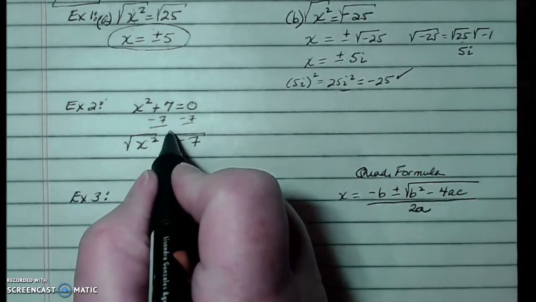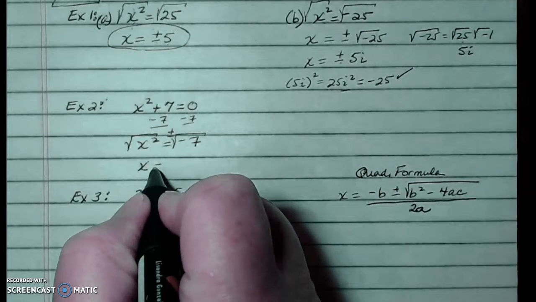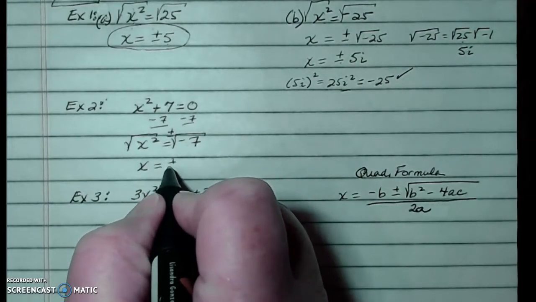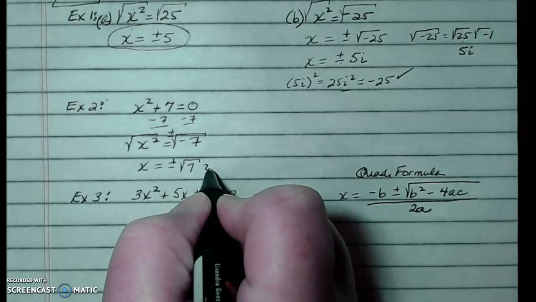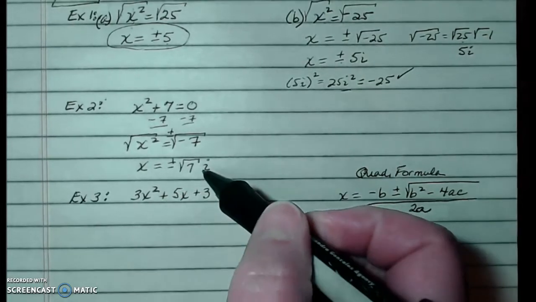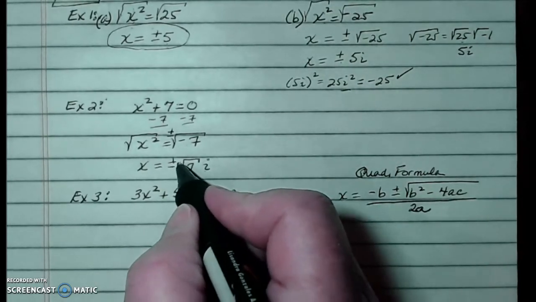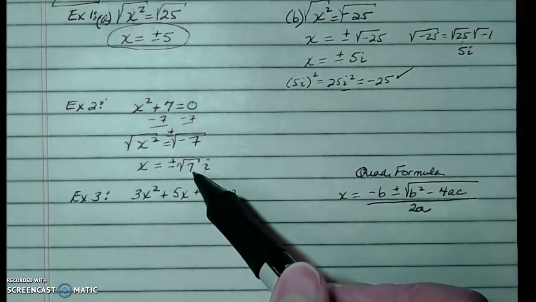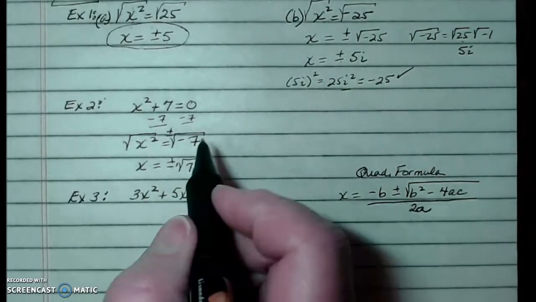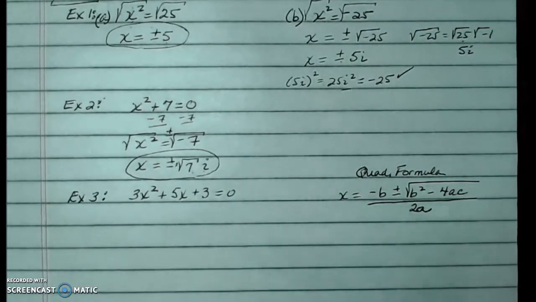And again we'll have a positive and a negative solution, so our solutions will be plus and minus square root of 7 i. Now note that the i is outside of the radical and that you need the plus and minus, and the square root of 7 is irrational. It's a never-ending decimal, and so you'll leave your simplified answer in this format, plus and minus square root of 7 i.